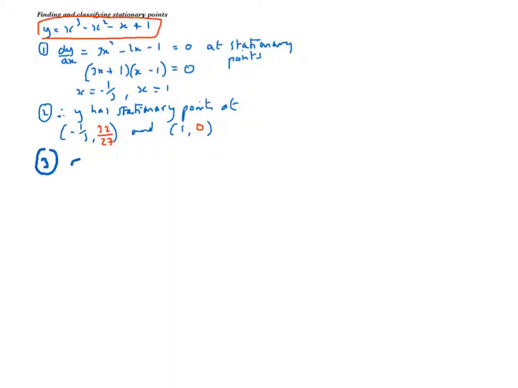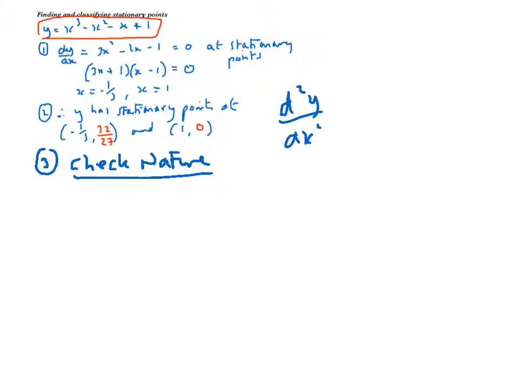So this is where we have step number 3, which is our check nature step. Now, to go into a little bit of detail, I'm going to differentiate my y twice. So this is meaning that I'm differentiating my gradient function again. The reason I'm doing this is because I want to know if these are maxes, mins or inflection points.